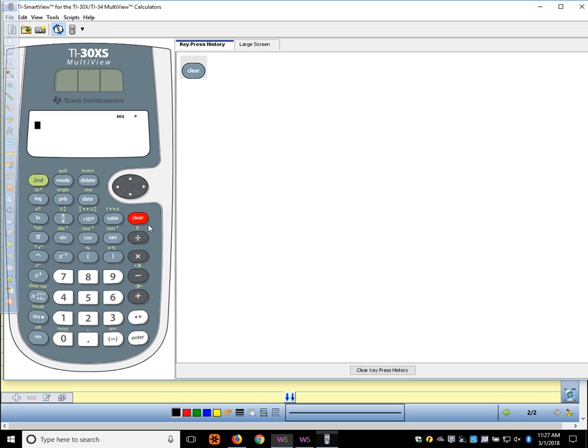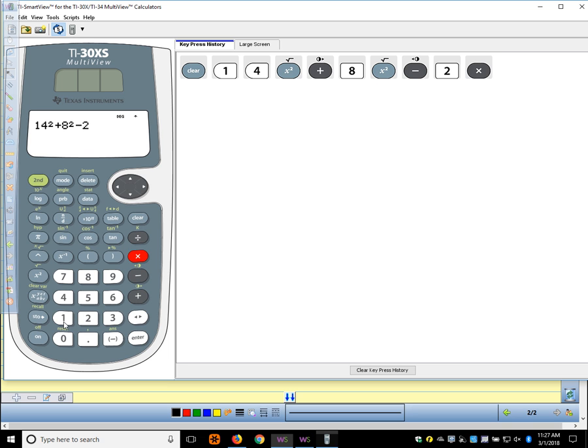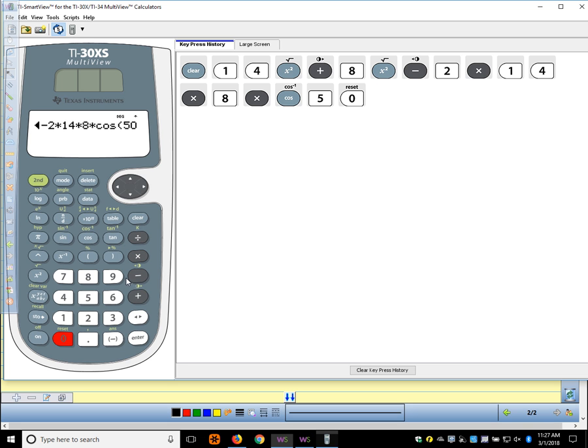So I'm going to do 14 squared plus 8 squared minus 2 times 14 times 8 times the cosine of 50. I typed it in just like we wrote it down.